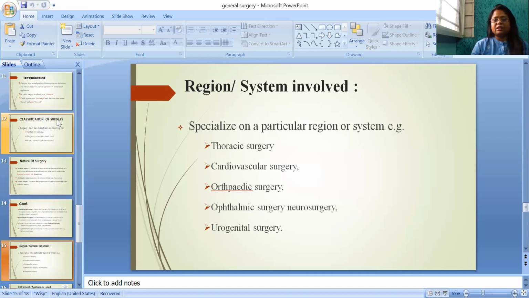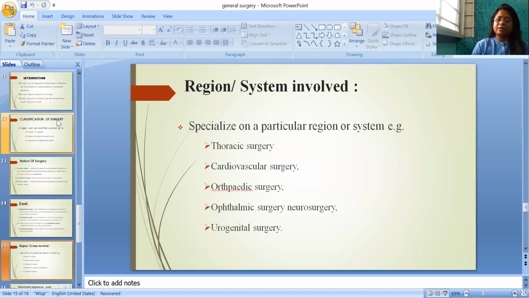Then urogenital surgery, related to the urinary system or genitalia. If there are calculi in the urinary bladder, sigmoid flexure, or urethra, you have to do surgery like cystotomy.